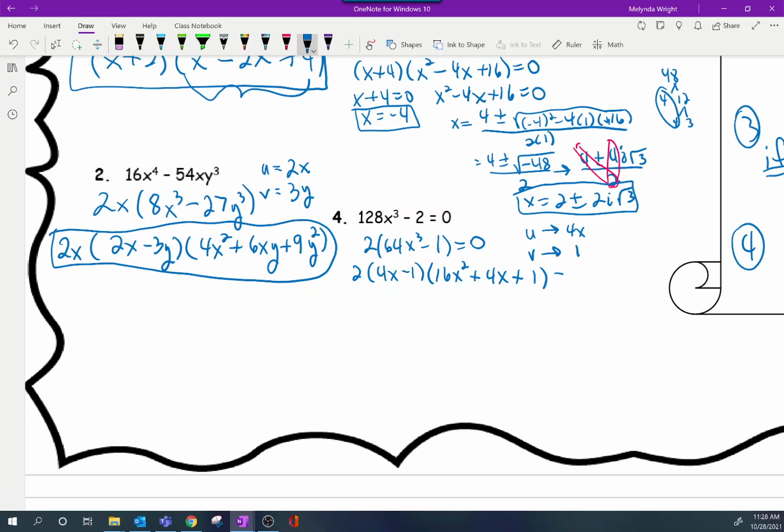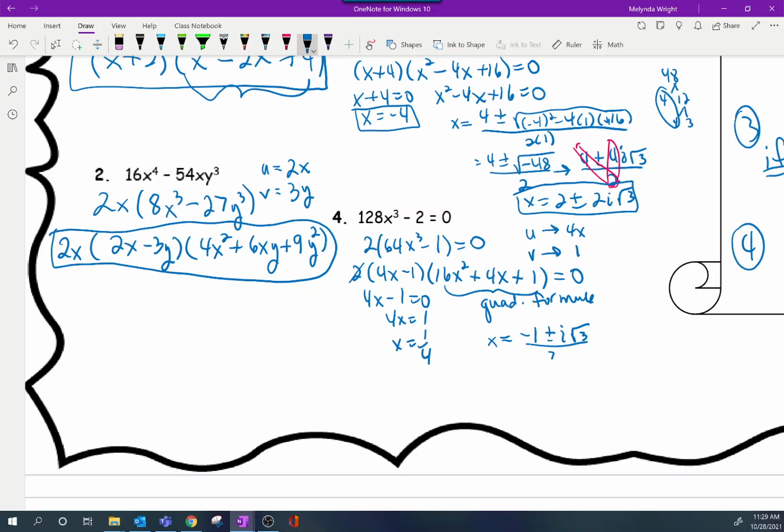I encourage you, if you would like to check it out, do quadratic formula and make sure you get this answer: negative 1 plus or minus i root 3 over 8. So there's one answer and there's the other two. All right, great. So that's our first piece.